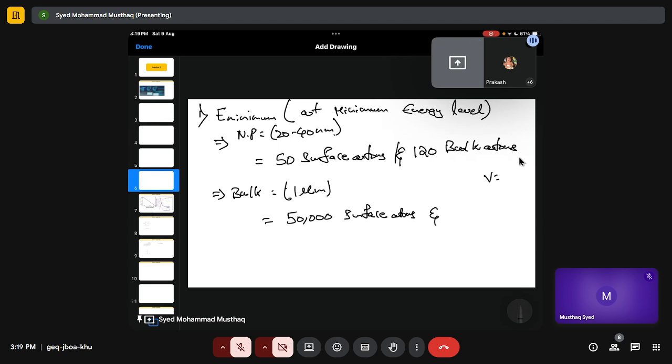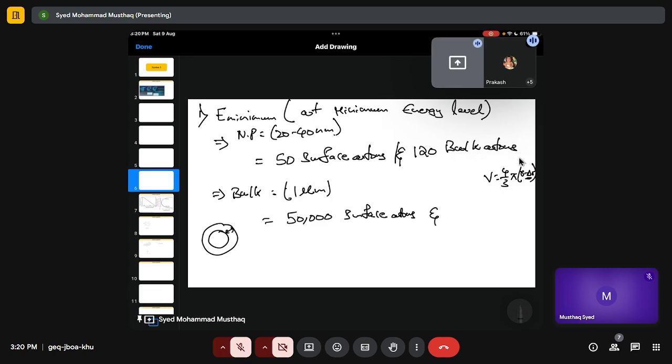Now, volume of what? Volume of atoms, the volume of a sphere. So 4 by 3 pi. Now R should remove the surface atoms, right? So let's take R minus delta R. So delta R is for this surface thickness, which is very less, right?